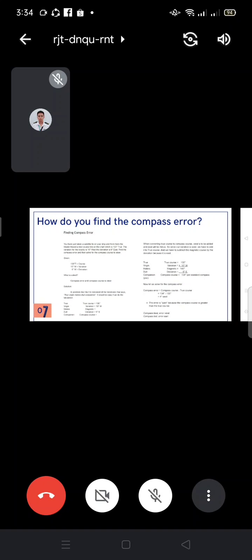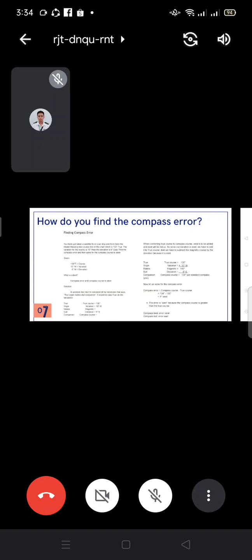So our magnetic is 140 degrees. So 140 degrees minus 6 degrees deviation, the answer is 134 degrees. So that is the compass course or standard compass course.